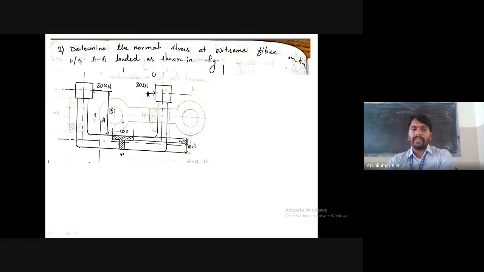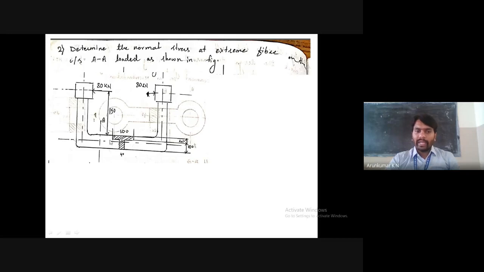What is the perpendicular distance? From the loading axis to the neutral axis. Clear? We got the neutral axis for the section. From the neutral axis to the loading axis is the distance. This is the load. Moment is given by load into perpendicular distance, the distance from the loading axis to the neutral axis.